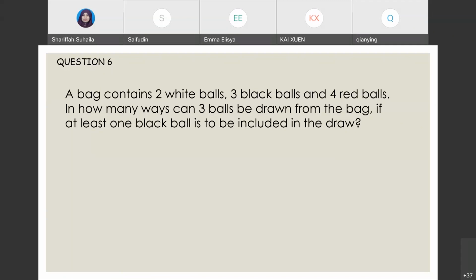So it can be either at least 1, sekurang-kurangnya 1, 2, ataupun all 3 are black balls. So 3 choose 1. So either, susun sikit lah, this one ataupun this one.